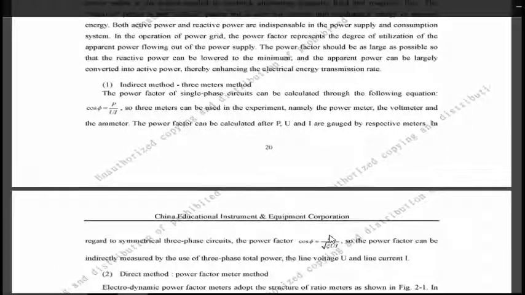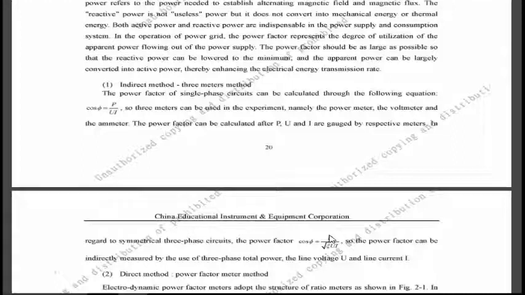In regard to the symmetrical three-phase circuit, the power factor cos theta is equal to P over root 3 times U times I. So the power factor can be indirectly measured by the use of the three-phase total power, the line voltage U, and the line current I. So this is the indirect method.